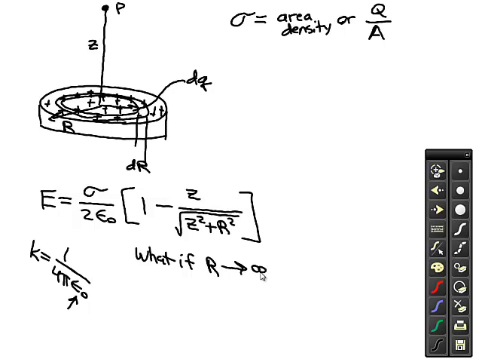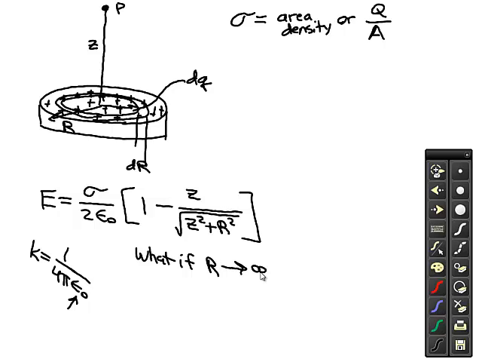So if we were on a flat disk that big, what would happen to our equation? If R is like 6 million meters, if R gets real big, what happens to this term?